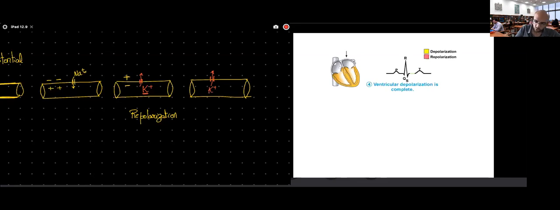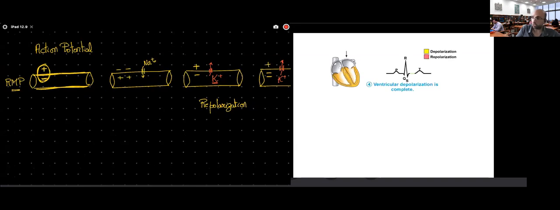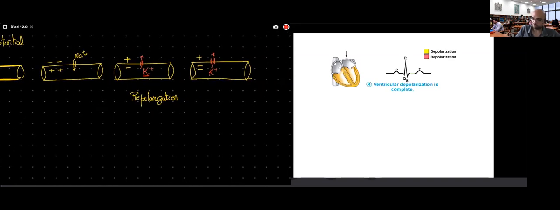So the inside won't only become negatively charged as it was, but it will even become more negatively charged than the resting membrane potential. So here I was 1 negative on the inside, now I have 2 negative on the inside.